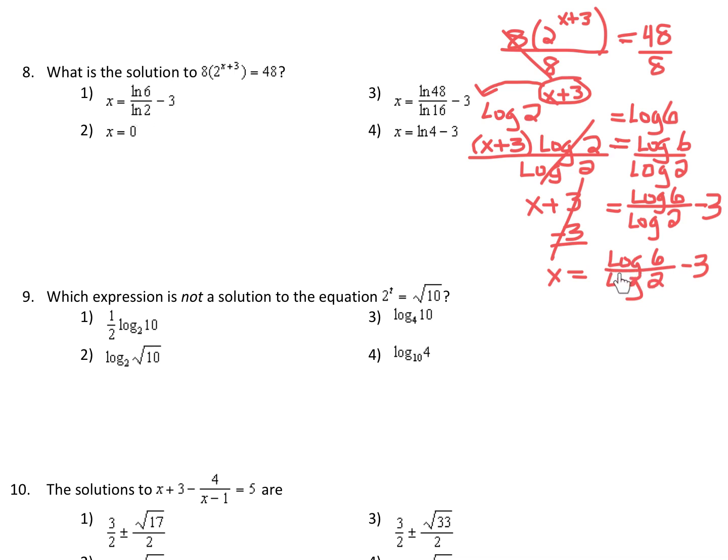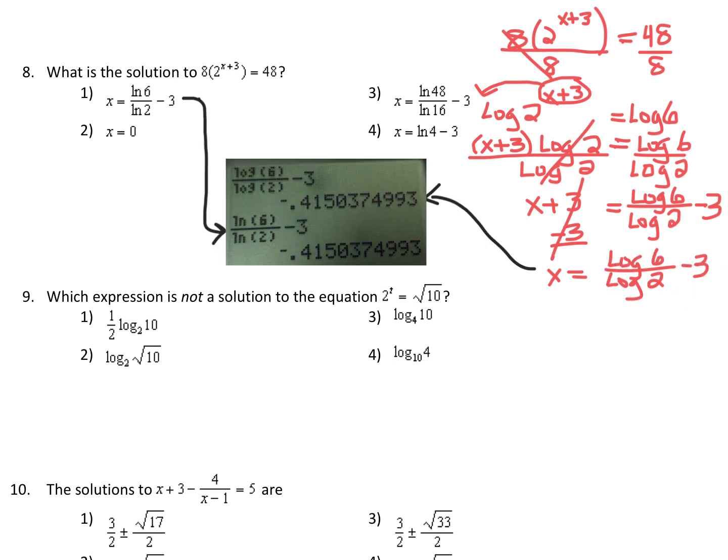I wish they had written the answer choice like this because technically this is what we're supposed to do to solve it. But even if you decided to put this in your calculator and figure out what it's equal to, I plugged this in my calculator, and here was the output value. And then I plugged choice 1 in my calculator, and here was the output value. So you could see they actually are equivalent to each other. So choice 1 is our answer.